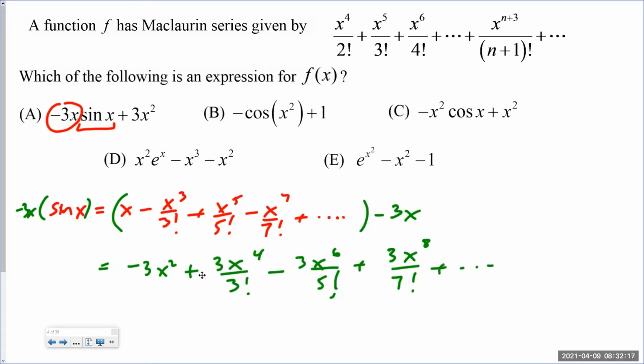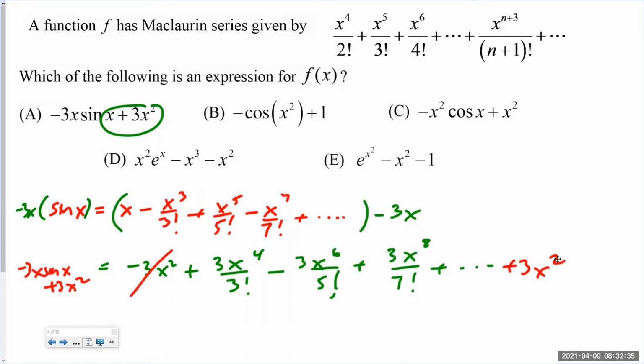Okay, and I know there's a general term here, but I'm just going to keep on moving. And then you add 3x. Now, what did I say about adding 3x? You just tack it on at the end. So if I add 3x squared, these terms go away, and this is what I get. So does that look like that? No. Okay, let's try another one.